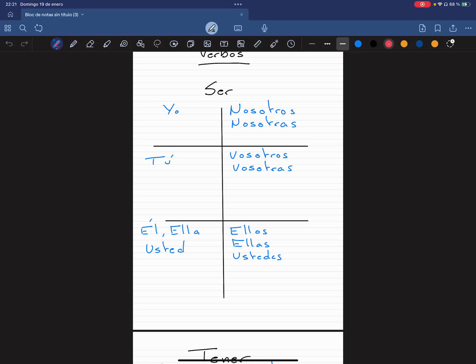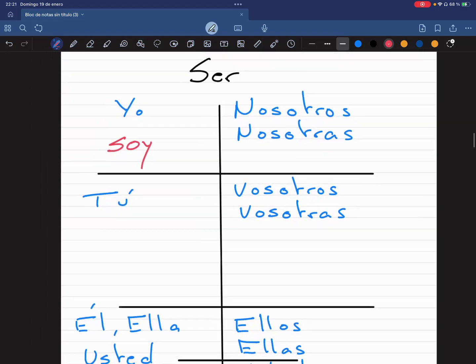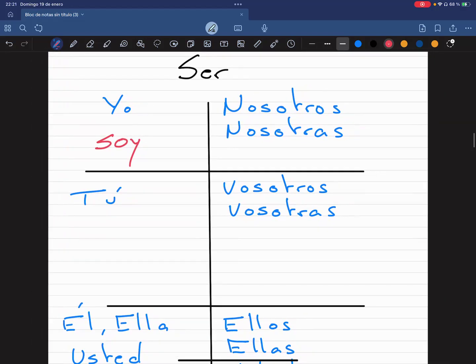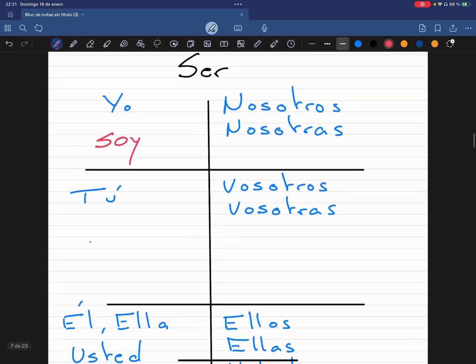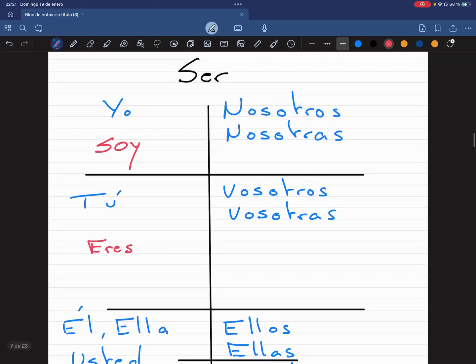We can begin with the verb ser. Yo soy. I think I can make it bigger. Yes. Yo soy. Tú eres. Él o ella o usted es.